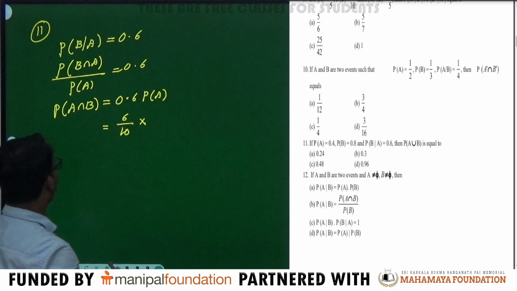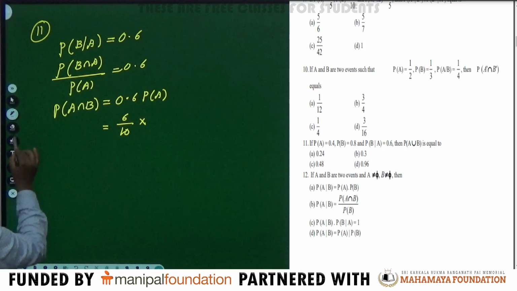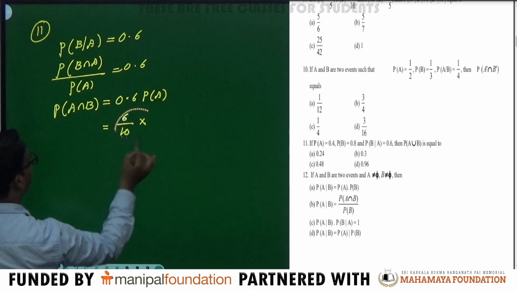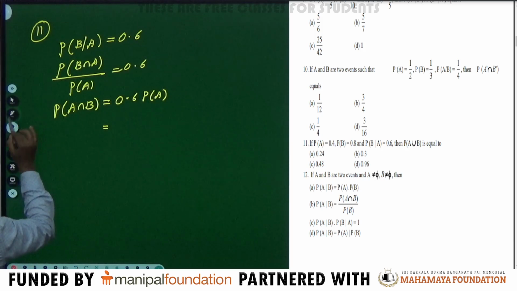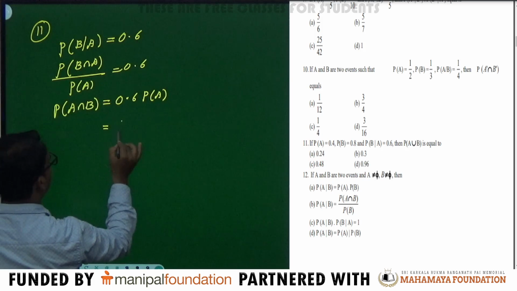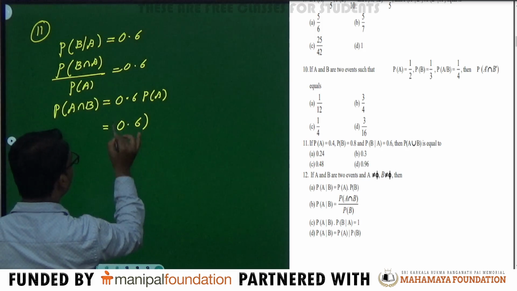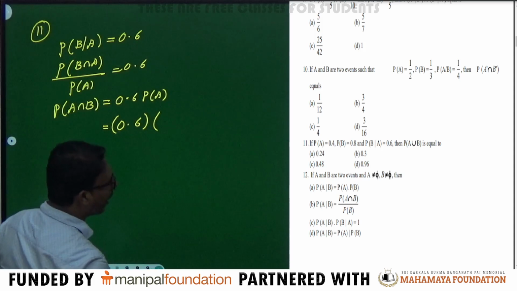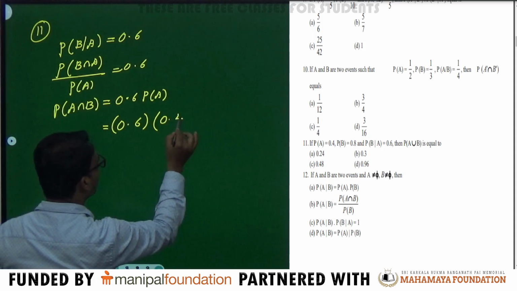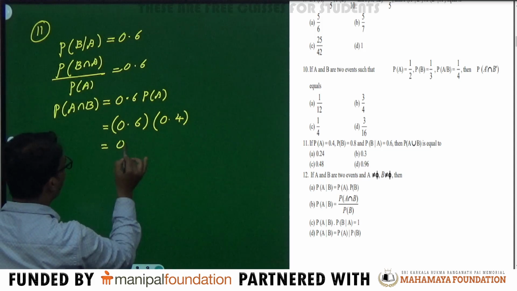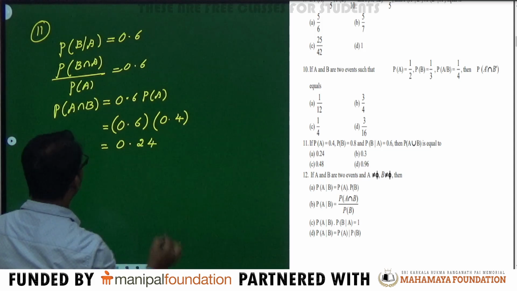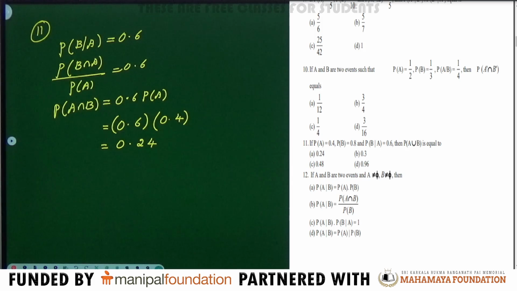You can write in the fraction form only. It is very easy to simplify. 0.6 into probability of A value is 0.4. This implies 0.24. This is probability of A intersection B.